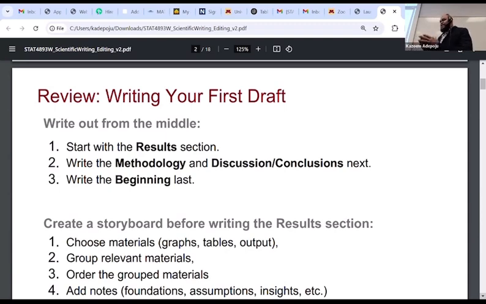After you have established your results, the next thing is to write the methodology, discussion and conclusion. That will be the next. Now, I'm going to tell you what we do in the methodology section. Whatever materials and statistical methods you used, you're going to showcase that.